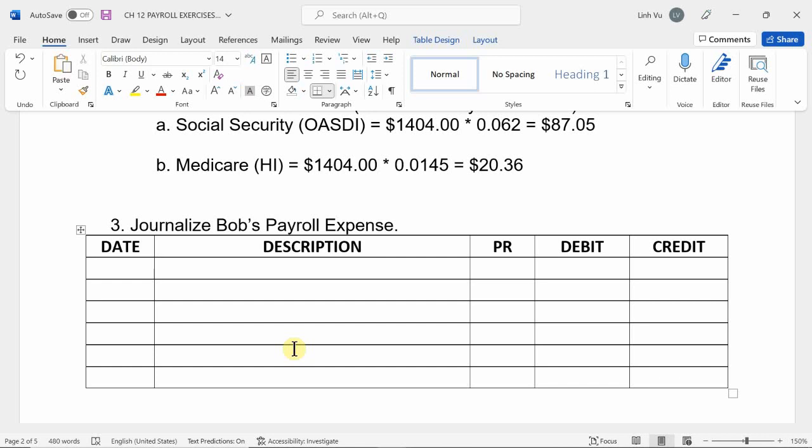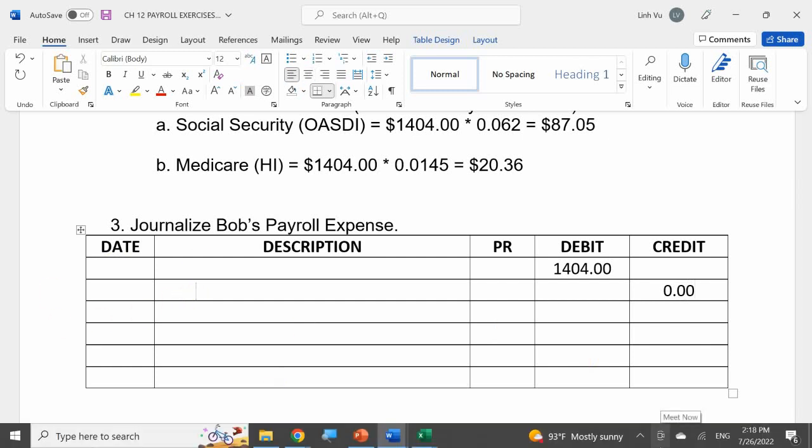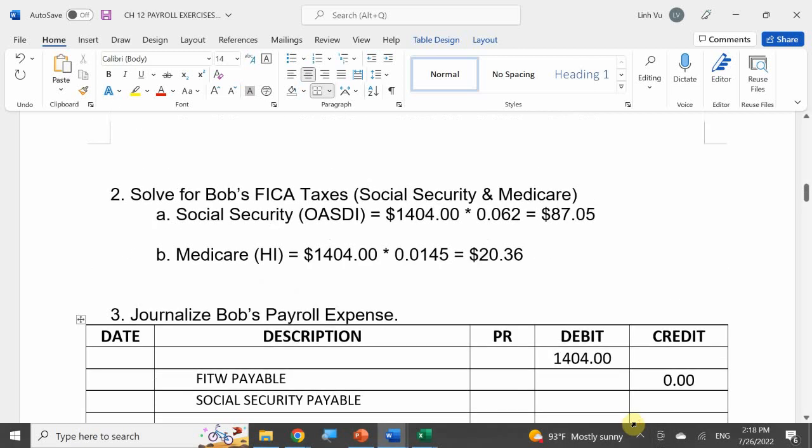His gross income is 1404 for the debit. Then for the credits, we have federal income tax payable, which is 0, and then Social Security payable, which is $87.05.